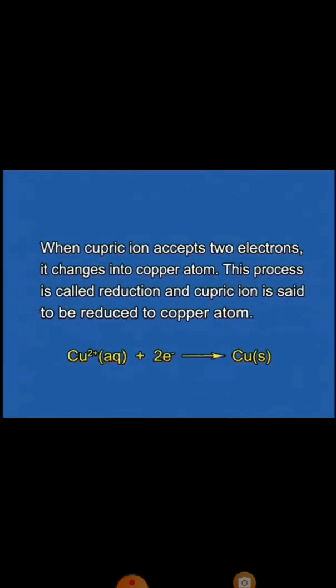When a cupric ion accepts 2 electrons, it changes into a copper atom. This process is called reduction, and the cupric ion is said to be reduced to a copper atom. See the equation.